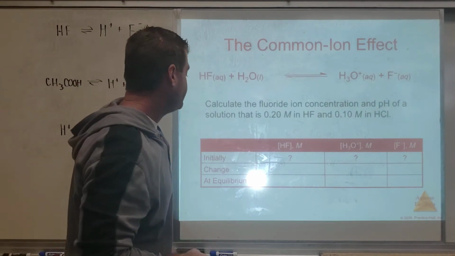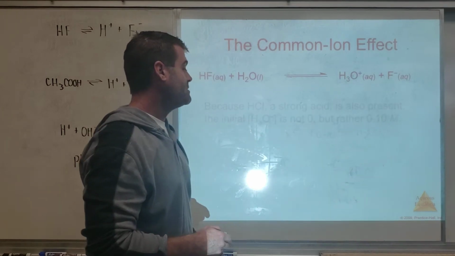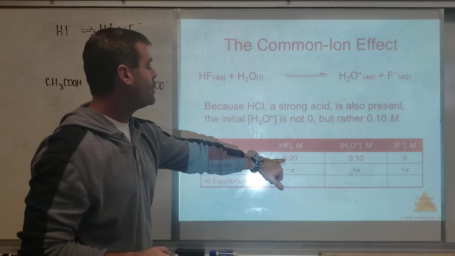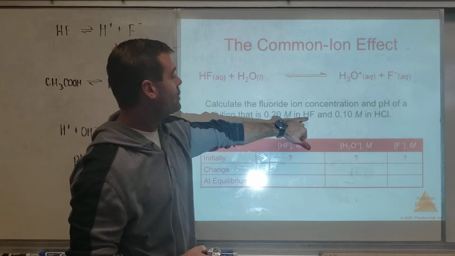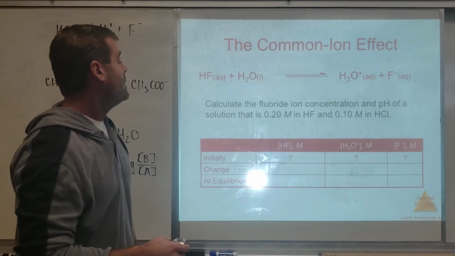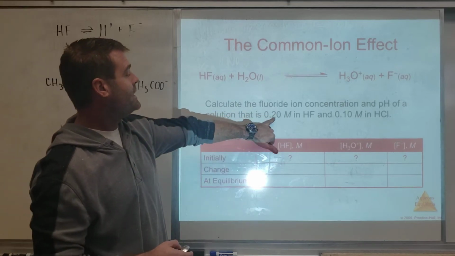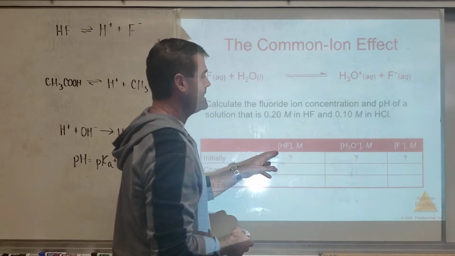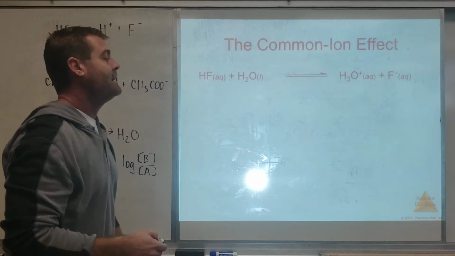So right off the bat, we're going to have 0.10 molar hydronium, and we were told we had 0.2 molar of the hydrofluoric acid. Normally the products would be 0 and 0 before it dissociates, but because we're adding a strong acid, we're already starting with 0.1 molar hydronium ions.